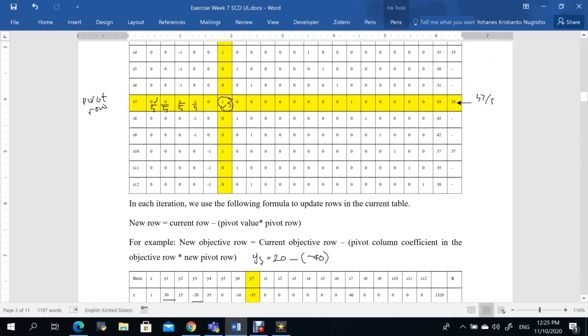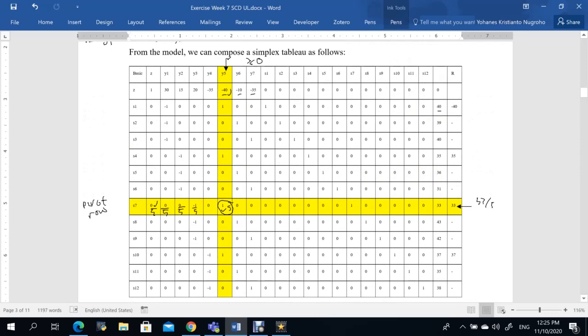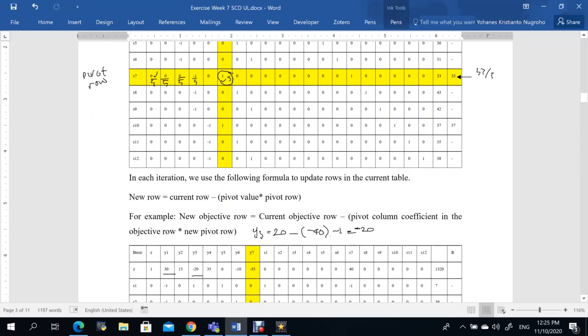Okay, so 20 minus 40 equals minus 20 here, okay?